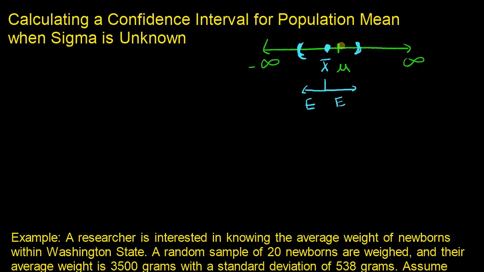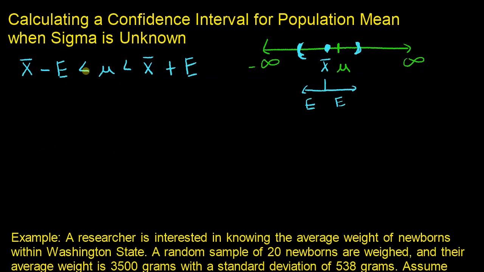Then I can make a statement such as: I'm 95% confident that mu lies within this interval I've just provided. In general, the confidence interval for population mean will be x bar minus some margin of error, and x bar plus some margin of error.